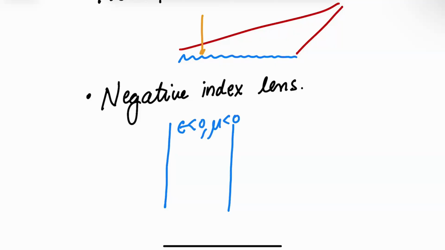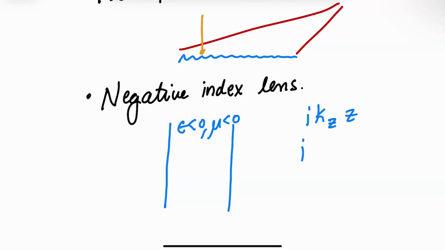So when epsilon and mu are less than 0, we had e to the i kz double prime z, right? In fact, we had e to the i kz z. So we said that kz becomes imaginary because of the fact that kx and ky are greater than k. But in a negative index medium, kz is already imaginary.